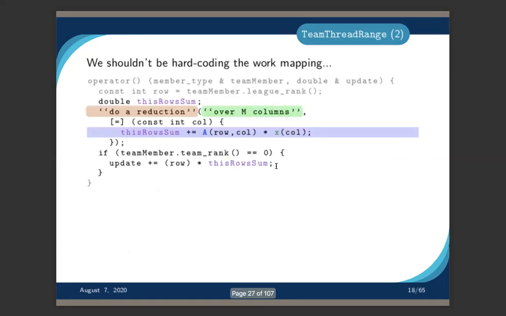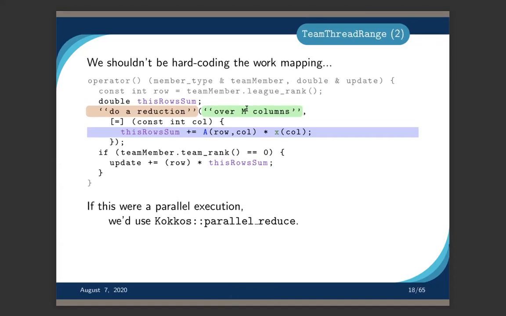And the point is, we shouldn't really be hard coding the work mapping. You didn't do that with our parallel fors, so you shouldn't do that for nested work either. And if you think about it, what we are doing there is a reduction over m columns with the team. If you weren't already inside of a parallel loop, you would just use a parallel reduce with a range policy.